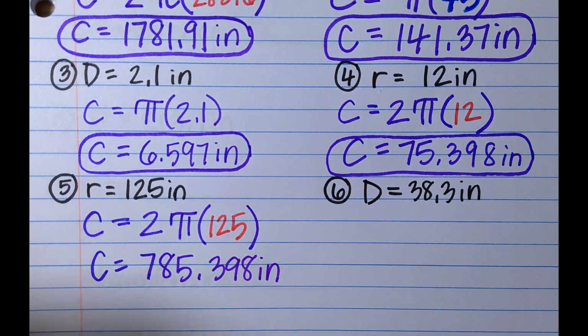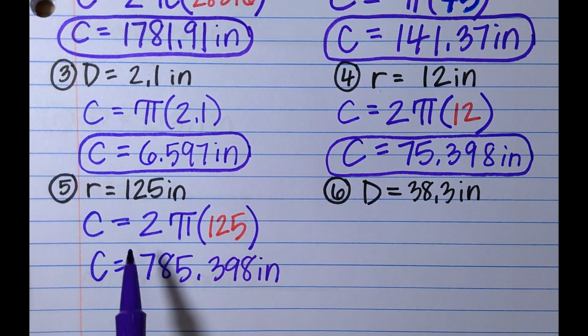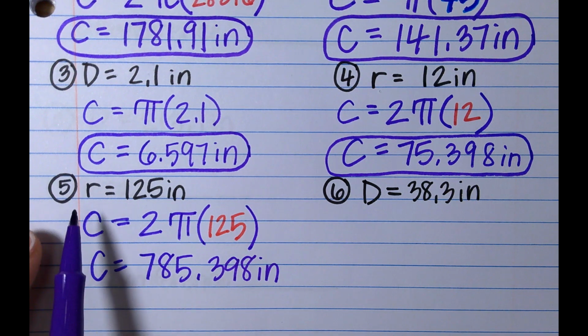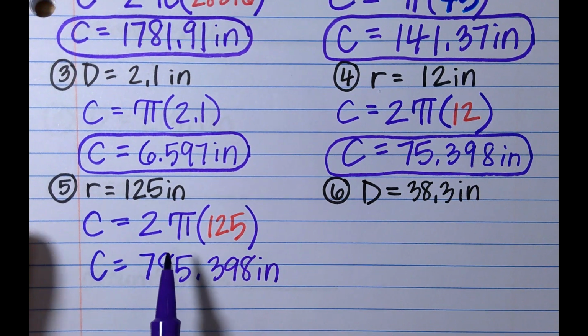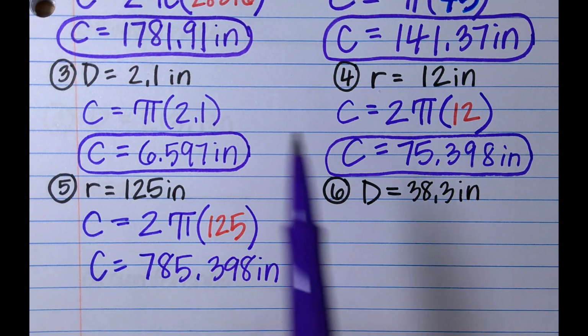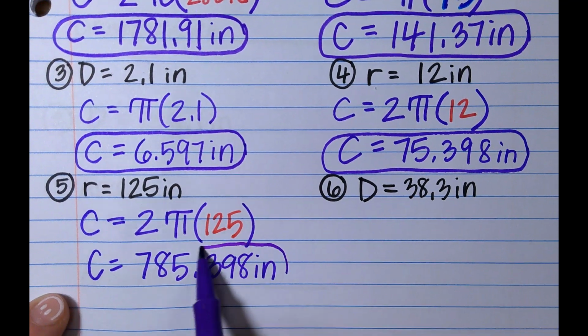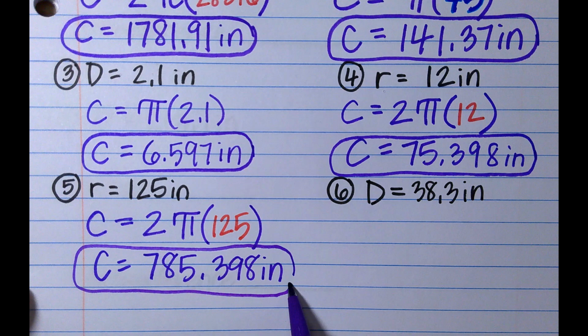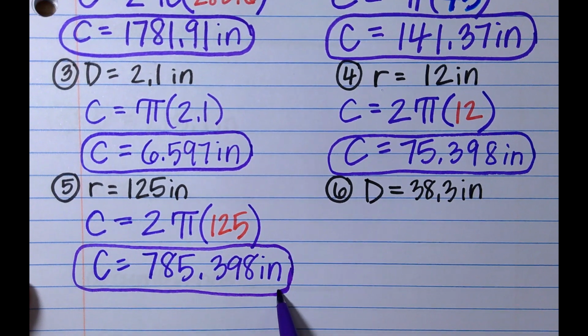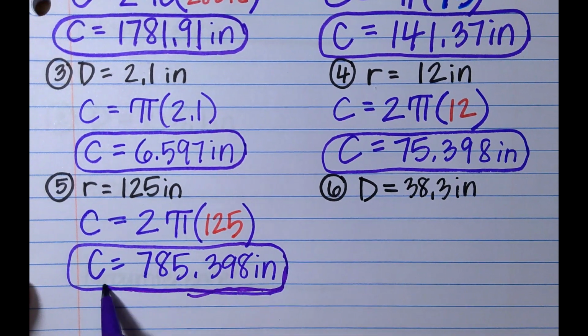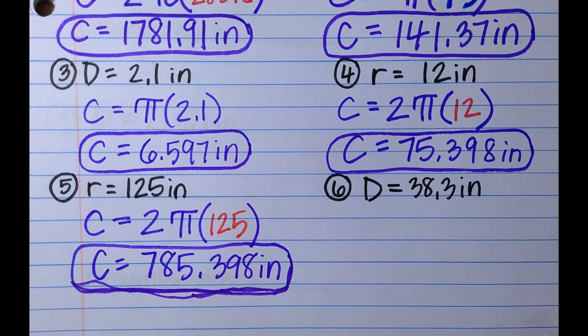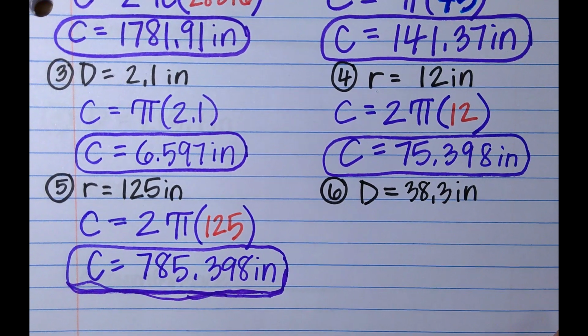I did, but I forgot the 2. You forgot the 2. I gotcha. That's the only thing to remember there, is if you're given the radius, we got to times 2. If there's a diameter, you don't have to. That's the only difference there. That's okay. As long as you're able to see what you missed, that means you learned. You learned something.